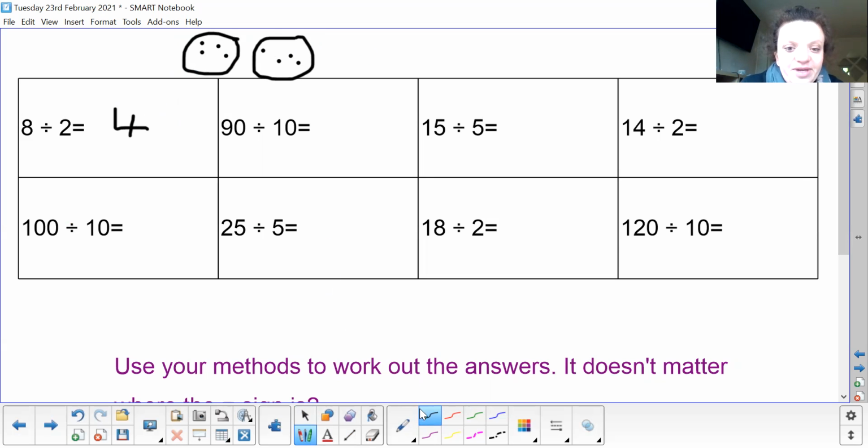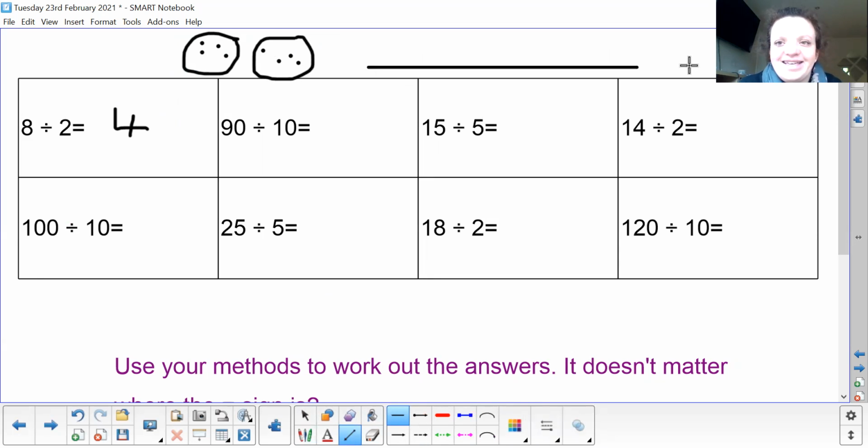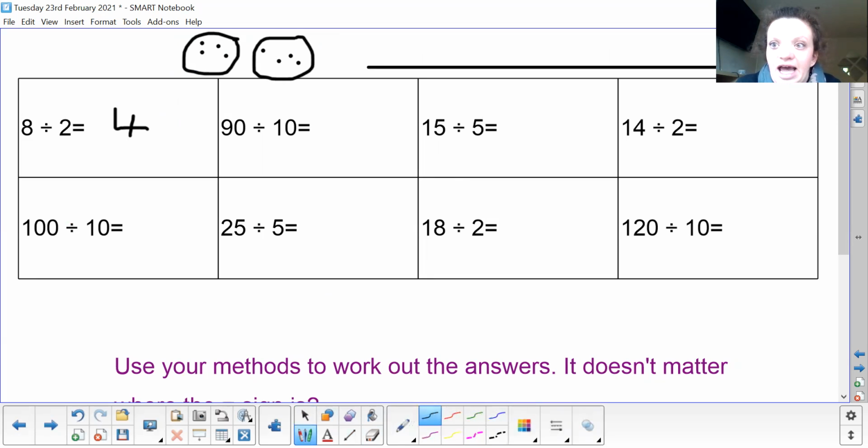And the last way we can do it is we can draw our number line, and we're going to start at this end and count in 2s back from 8. Let me have another go at drawing that. This pen isn't very good, there we go, much better. Let's see how many 2s get us back to 0.